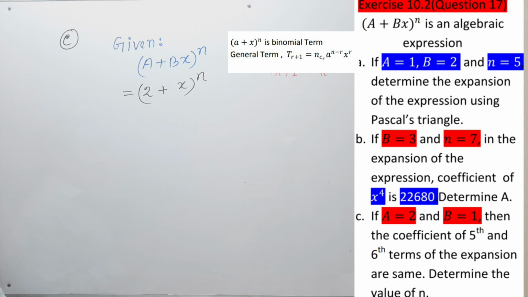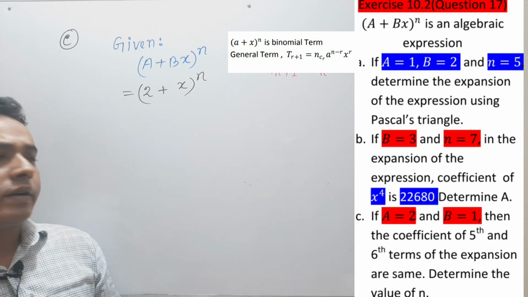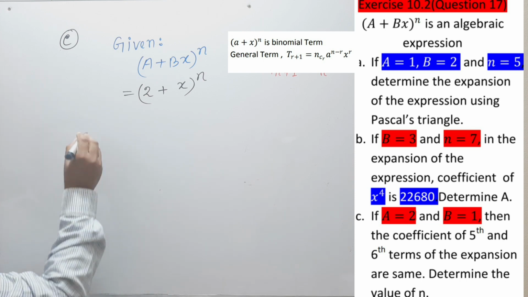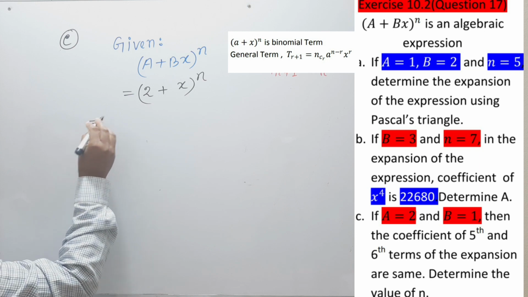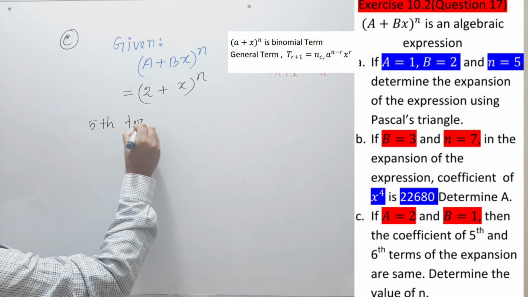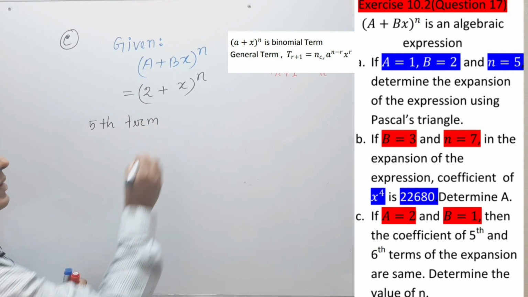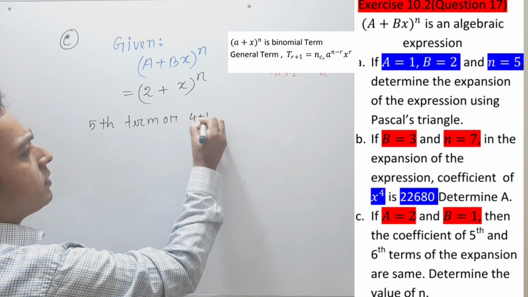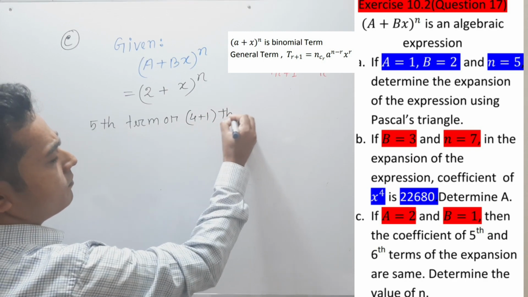According to this formula, we can write the fifth term as the 4 plus 1th term.